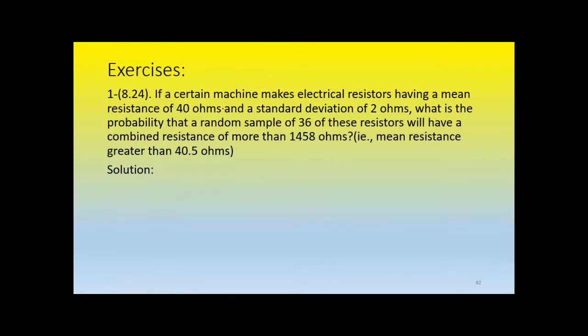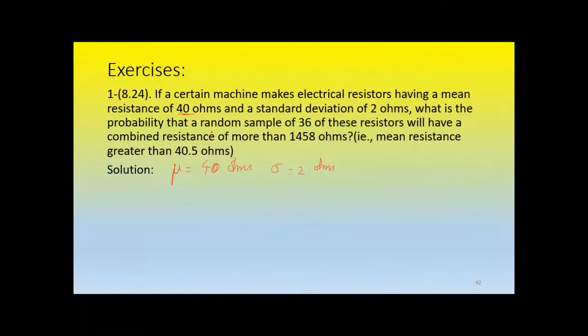A certain machine makes electrical resistors having a mean resistance of 40 ohms. So the mean, population mean, or sample mean? We don't have a sample here, it is the population mean, no? 40 ohms, and the standard deviation sigma is 2 ohms.